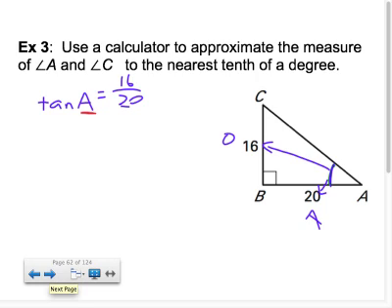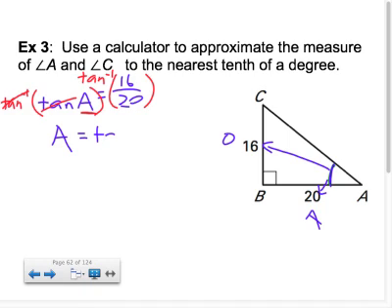I'm trying to solve for A, so that tells me to take the inverse tangent of both sides. Those cancel, and what you're left with is A equals the inverse tangent of 16 over 20, or you could say 4 over 5. Doesn't matter either way. Now you just go to your calculator: second tangent, 4 over 5, equals, so A is approximately 38.7 degrees, to the nearest tenth.